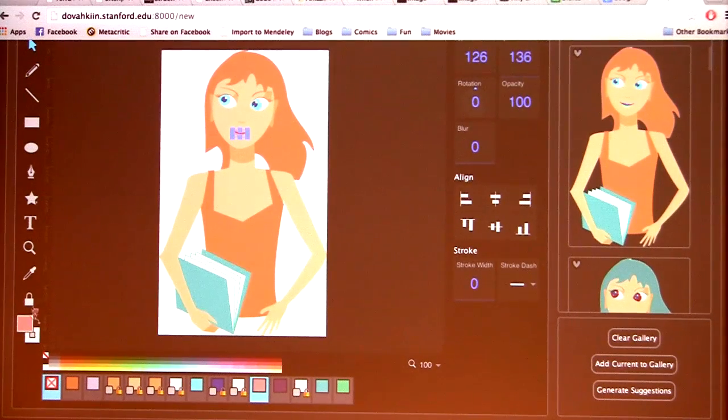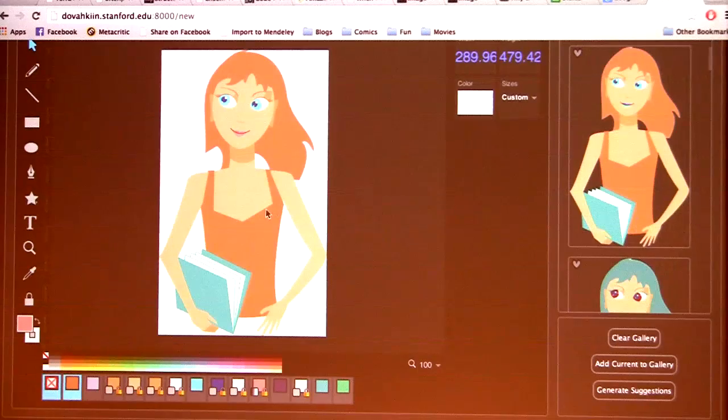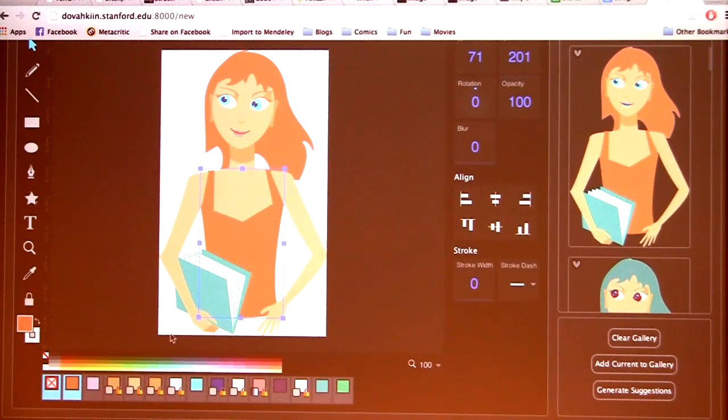I might not care what shade of pink this is. So let's say it should be pink, but maybe not really this shade. You might notice that in these coloring suggestions, both the hair and the shirt were colored in the same color. And that's because in the original image, they were both colored in black. But practically, they don't really need to be the same color. So I'm going to put the shirt in a different color group.